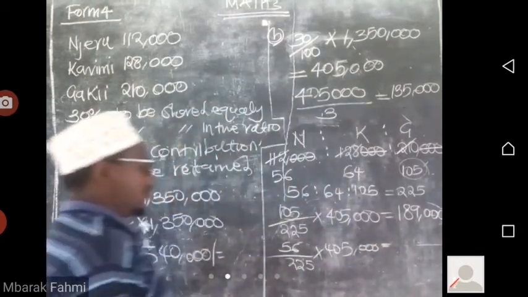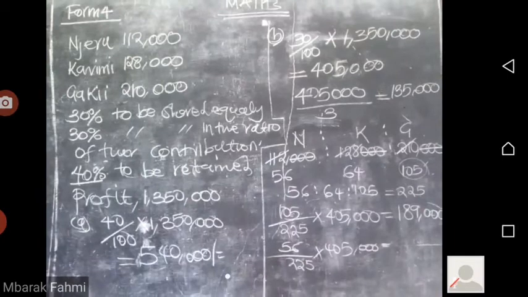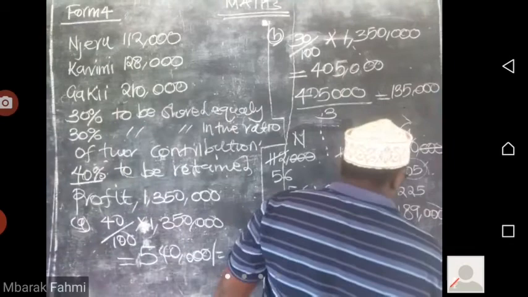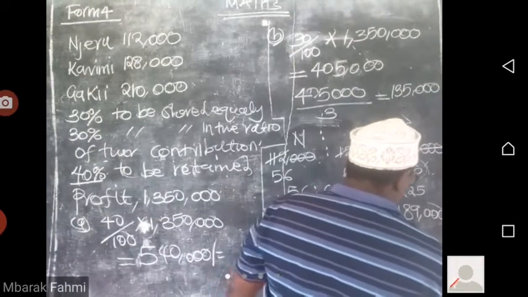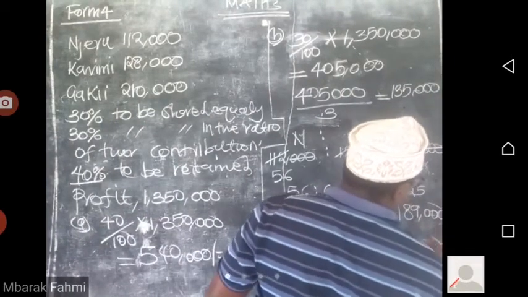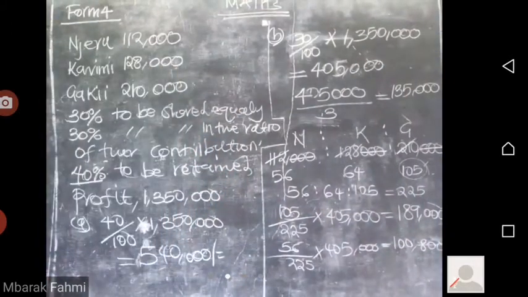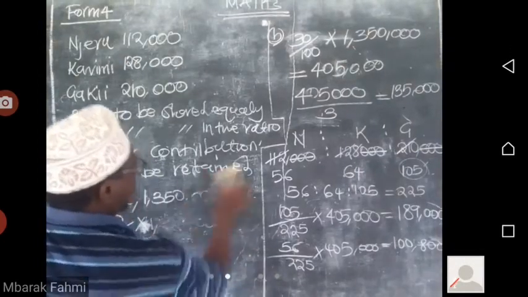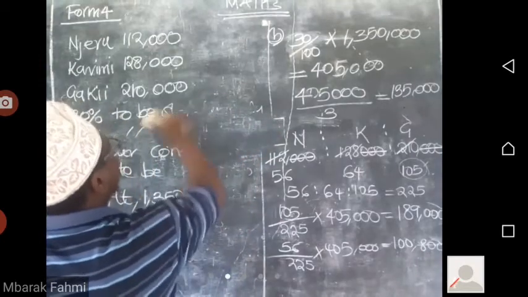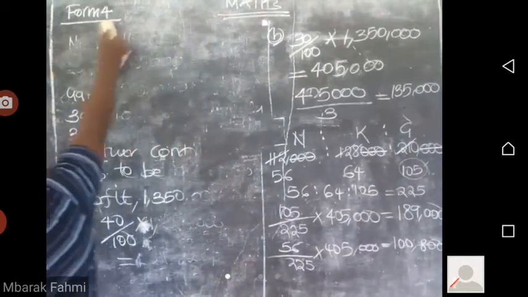She's going to get 100,800 shillings. So from there, we now get the sum of whatever they have received.